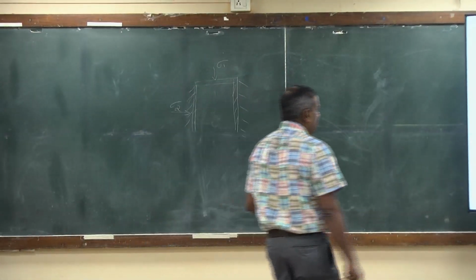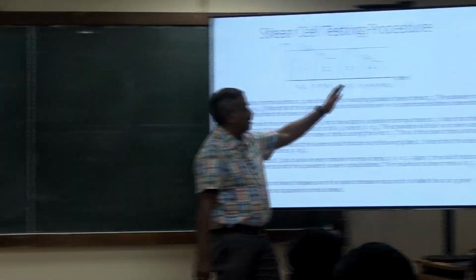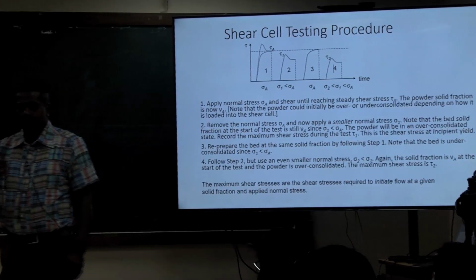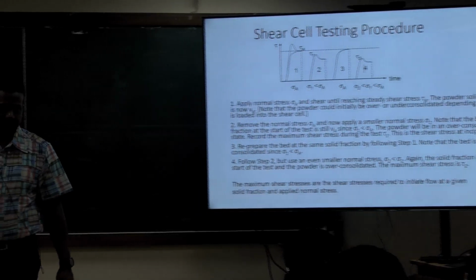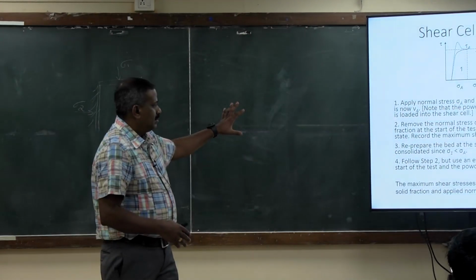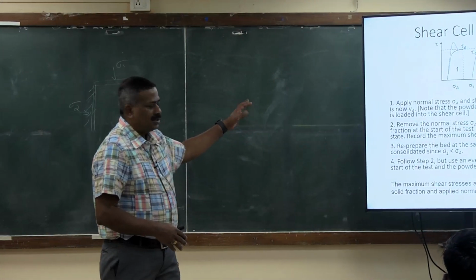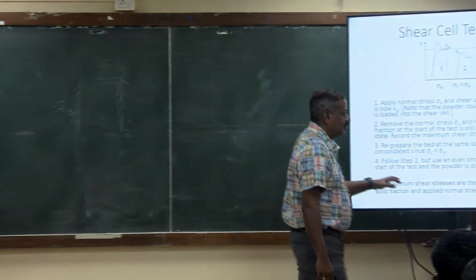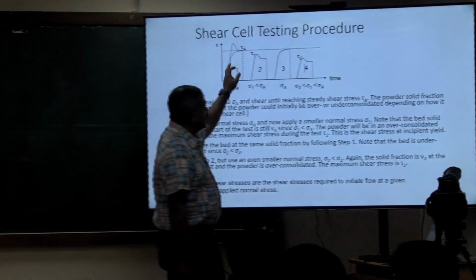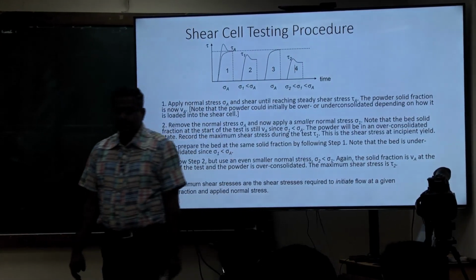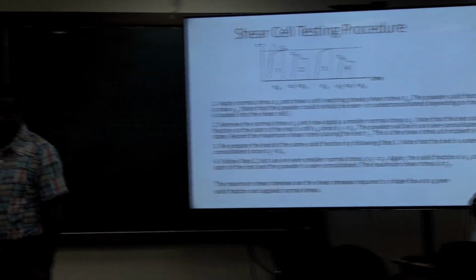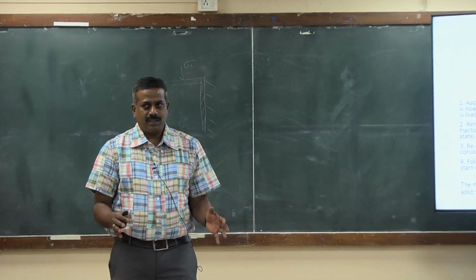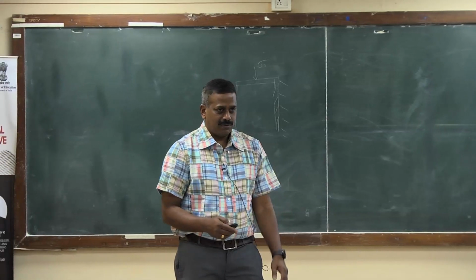You keep on repeating that test by going to smaller normal stresses. Again, it's a simple measurement, but it depends on the solid fraction too, which will be changing during some of those shearing processes. That's why sample preparation is very important, and you have to be very careful when you prepare those samples for testing.